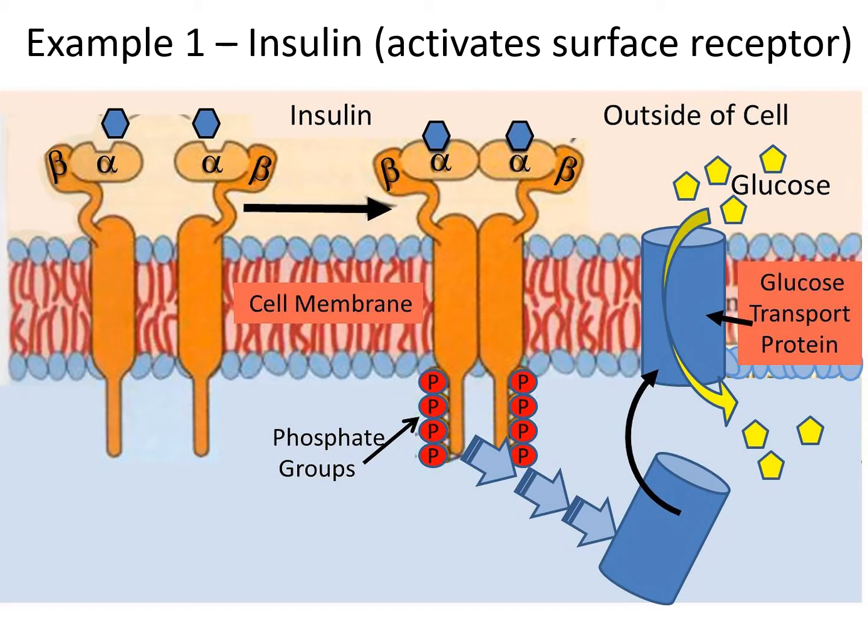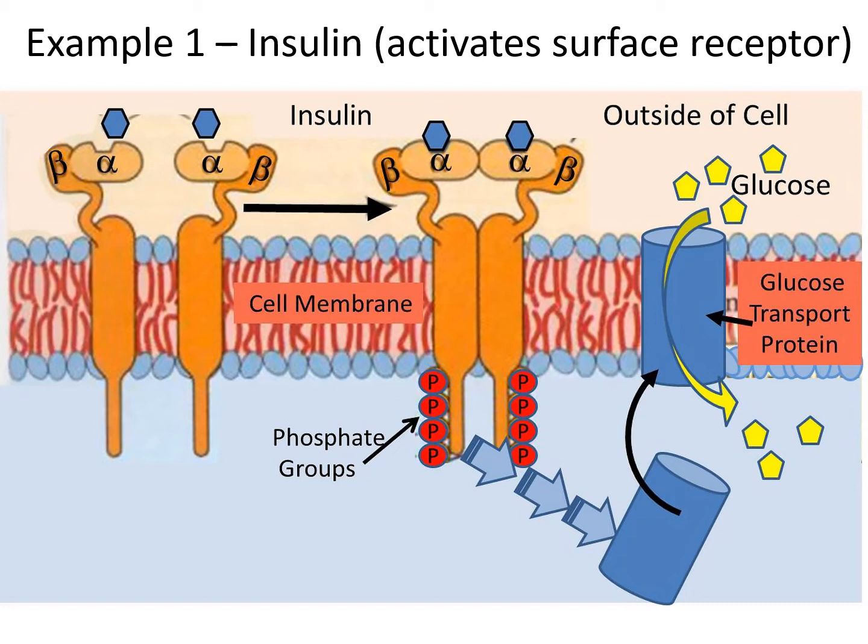Remember that when you stick a phosphate to something, quite often you energize that molecule. So this can energize many enzymes and activate them. So it's going to activate enzymes that are needed to break down glucose, for instance, and enzymes that are needed to do something with that broken down glucose. Also, what it does is it causes vesicles that are storing a glucose transport protein to move to the surface.